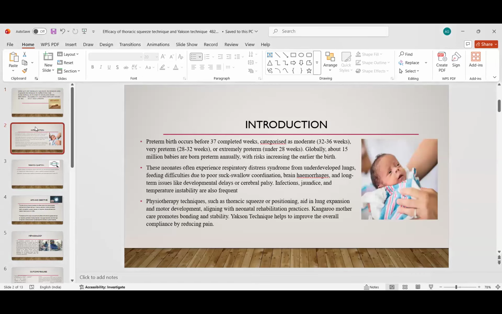Preterm births occur before 37 completed weeks, categorized as moderate to late preterm, 32 to 36 weeks, very preterm, 28 to 32 weeks, and extremely preterm, under 28 weeks.